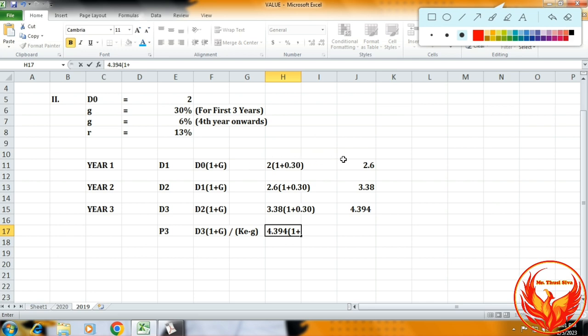So we have calculated the first 3 years with a 30% growth rate each year. After that, from the fourth year onwards, the growth rate changes to 6%, so 0.06.